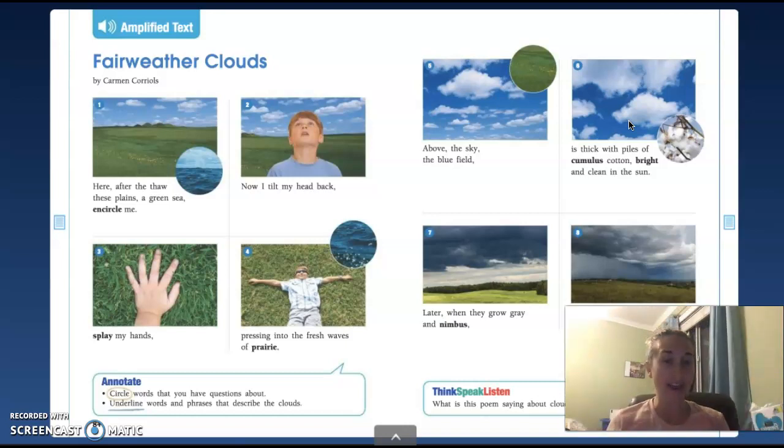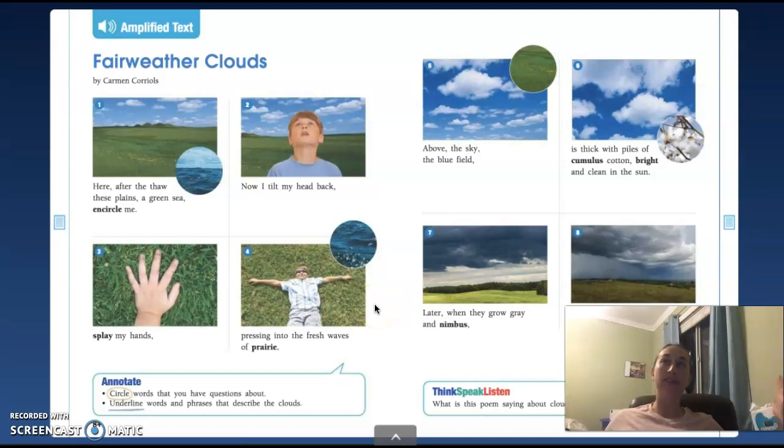There are clouds in the sky, right? But remember, in the first text that we read, he is saying that the clouds look like cotton because they're puffy and fluffy, just like cotton. So he is calling the clouds in the sky cotton.